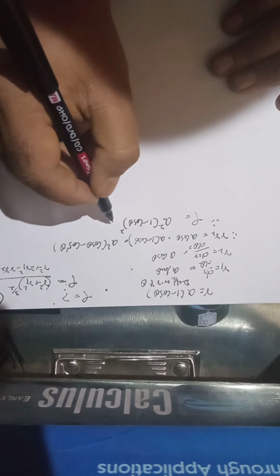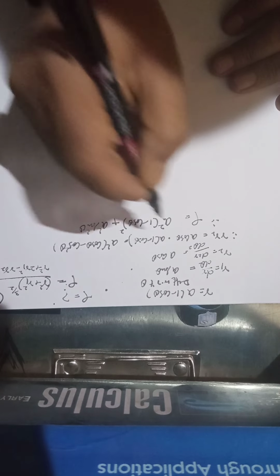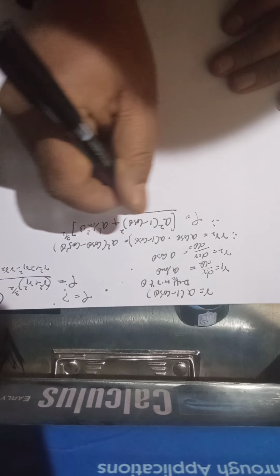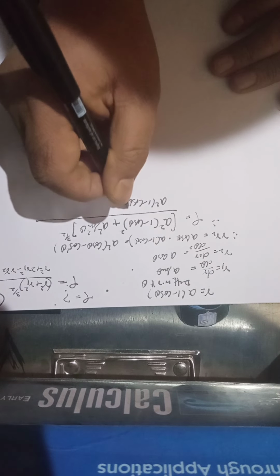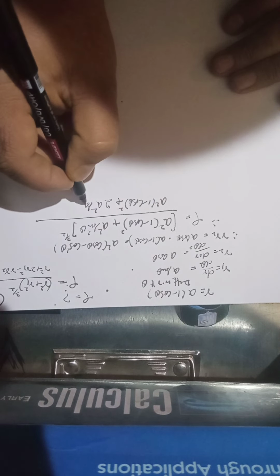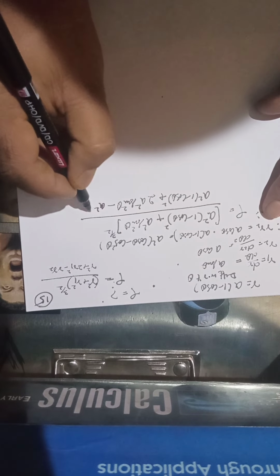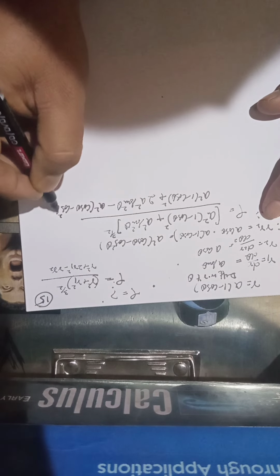This is (r² + r1²) whole raised power 3/2 divided by r² plus twice r1² minus rr2. This is your rr2. So minus a²(cosθ − cos²θ).